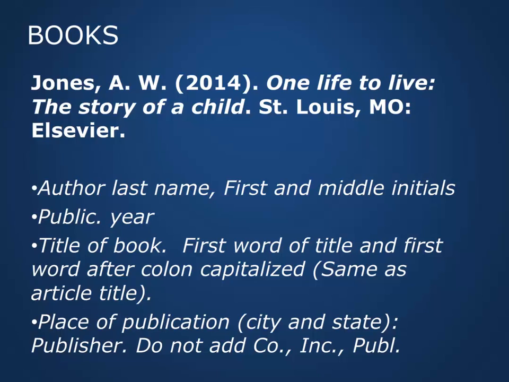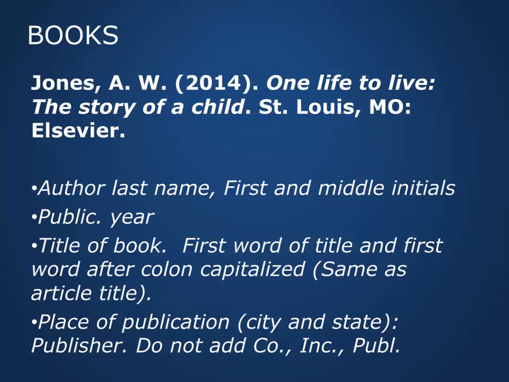If the title ends with punctuation other than a period, for example, a question mark, include only the question mark at the end of the element. Do not add a period after the question mark. The next element is the place of publication, the location of the publisher. In this case, you would use the city and the state is abbreviated, the two-letter abbreviation for each state.